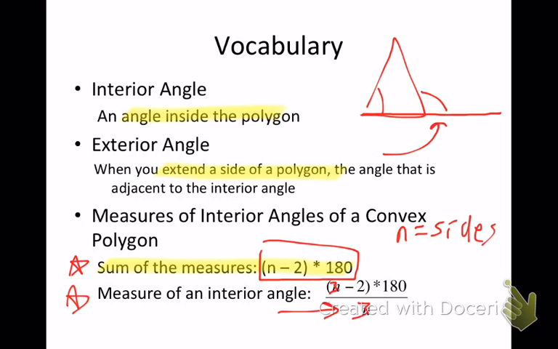What's 3 minus 2? 1. 1 times 180 is 180. 180 divided by 3 is 60. So in a regular triangle, all of the angles are 60 degrees. What type of triangle would that be? Equilateral or equiangular. Either way you look at it, it'd be this exact same thing. Okay? So if you look at the properties of a triangle, this checks out. Now we're going to use those properties and apply them to more complex polygons.